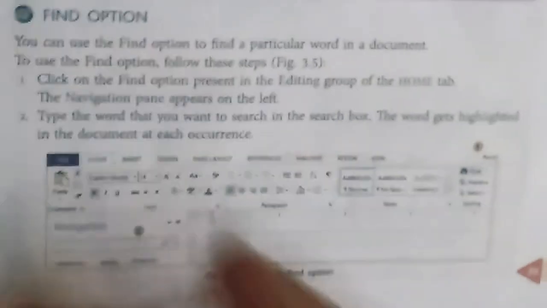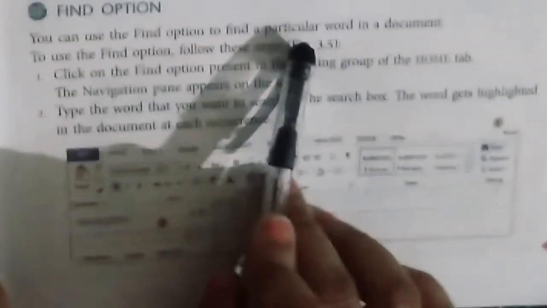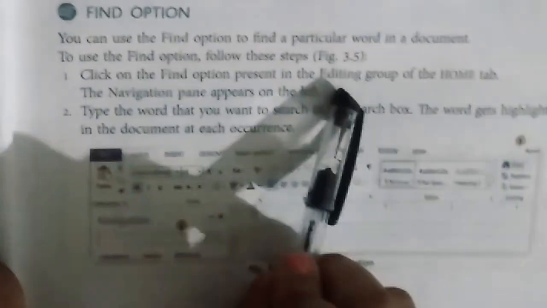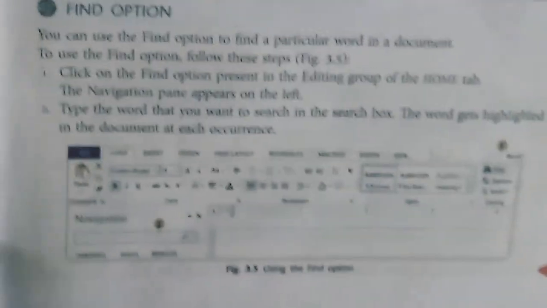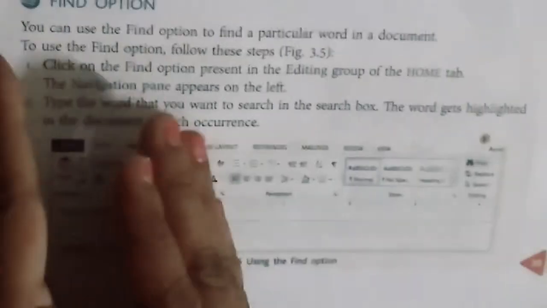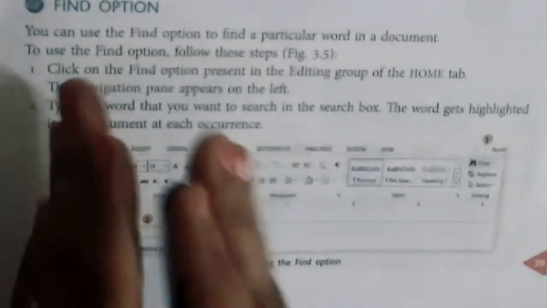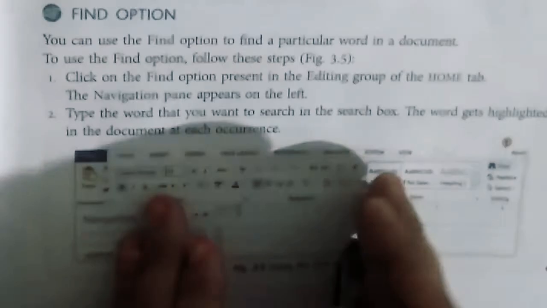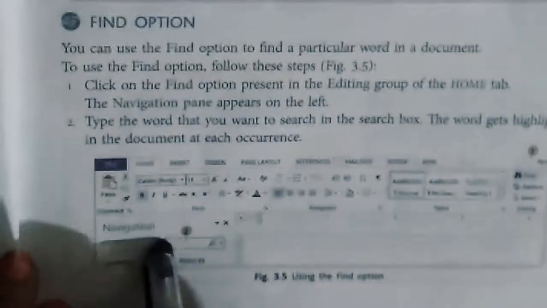To find all the places where you have written the wrong spelling, this find option is very useful. With the help of the find option, you can find a particular word in the document. Along with this find option, there is also a replace option. When you find the particular word, you can also replace it.